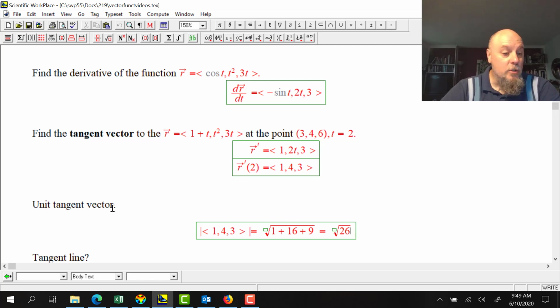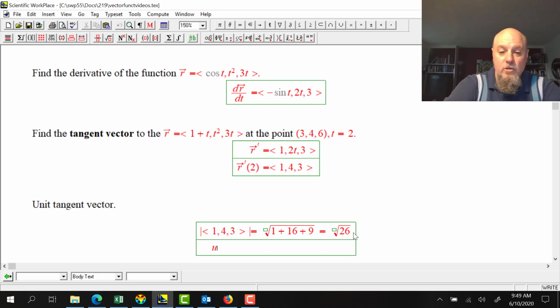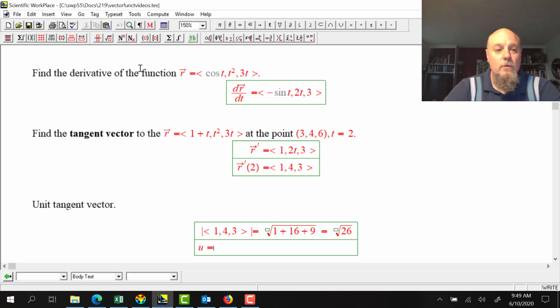I want a unit vector parallel to this 1, 4, 3 vector, but only 1 unit long. So our unit vector is going to be equal to, I'm just going to end up dividing by, I'm going to scale it down. I'm going to divide each component.